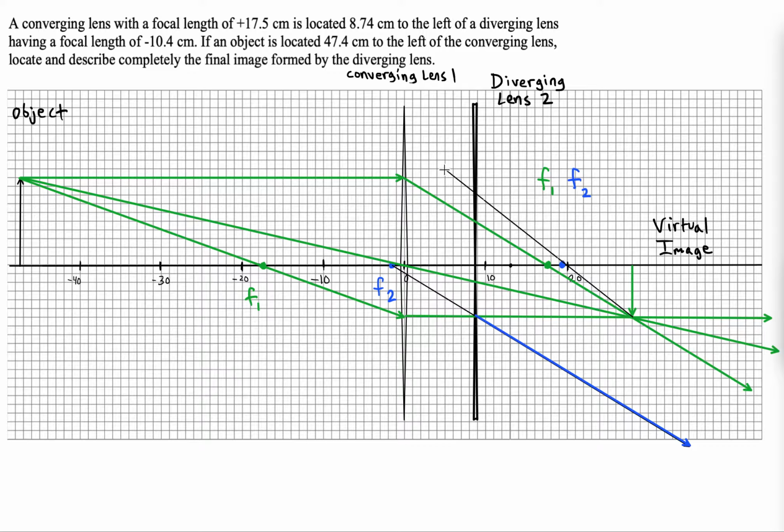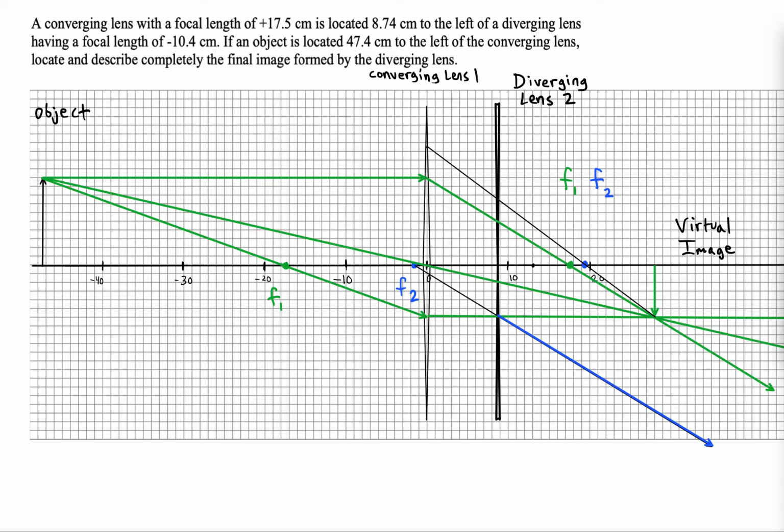One of them would have to pass through the focal point F2. And then the way that that ray had got there, according to the virtual image construction, would have been like this. Now that's what it would have looked like if the diverging lens wasn't there at all. That's what we would have had, right?